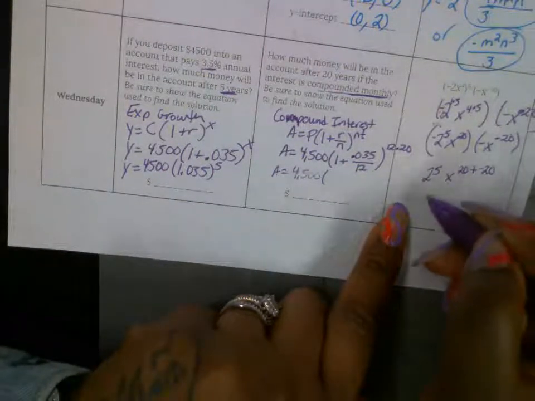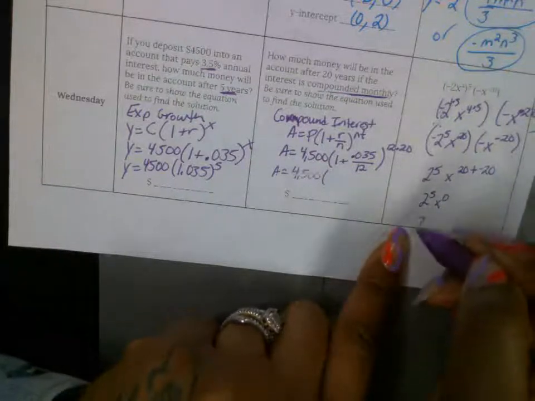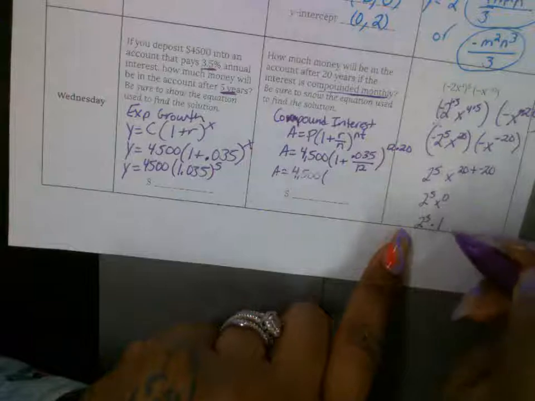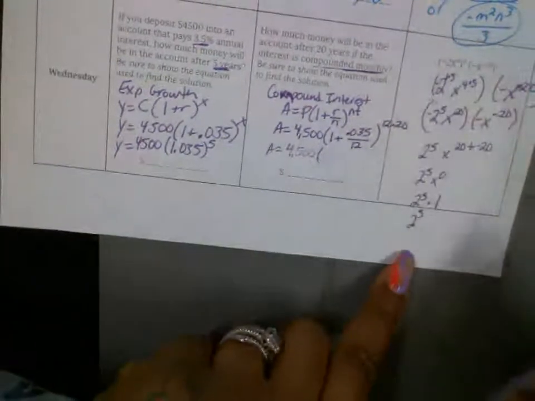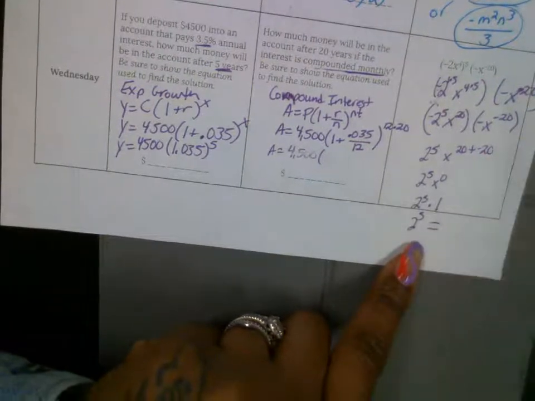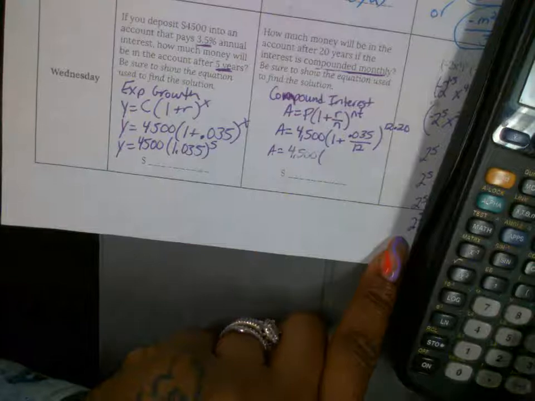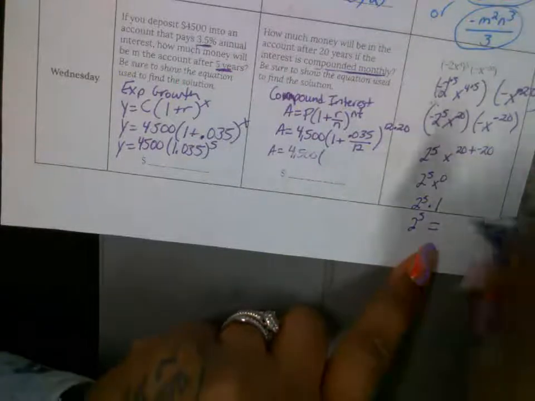So since, what's x to the 0 power? 1. So that gives me 2 to the 5th times 1, which is just 2 to the 5th. So now we got 2 to the 5th. What's 2 to the 5th equal to? That's 32.